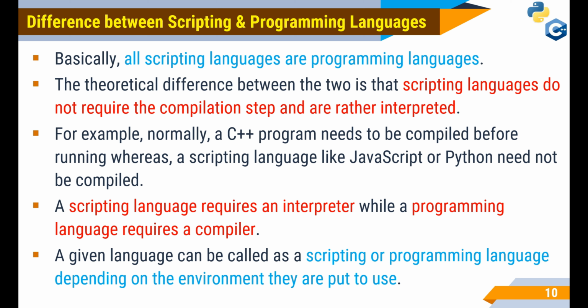For example, normally a C++ program needs to be compiled before running, whereas a scripting language like JavaScript or Python need not be compiled. A scripting language requires an interpreter while a programming language requires a compiler. A given language can be called a scripting or programming language depending on the environment it is put to use in.